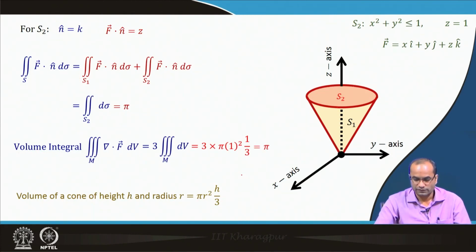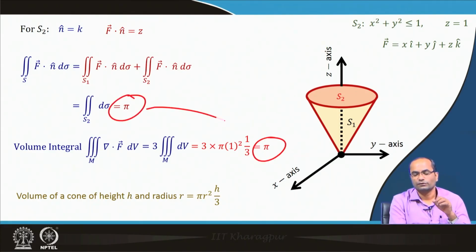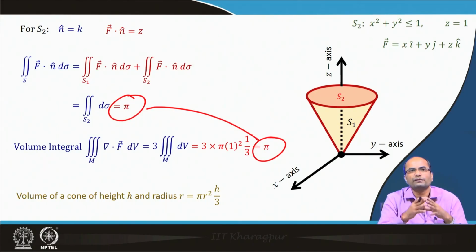This value comes to be pi, and the surface integral was also pi. So, we have verified the divergence theorem in this case, where the surface was a little more complicated. There were two surfaces, one was the cone and the other was this disk.